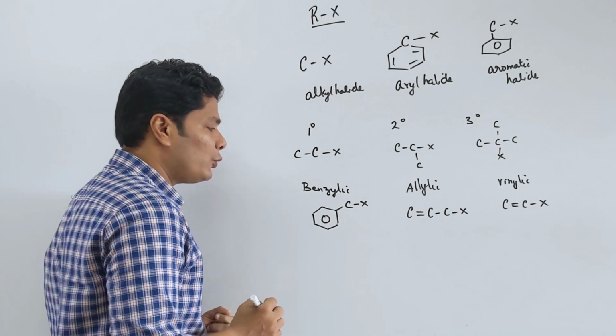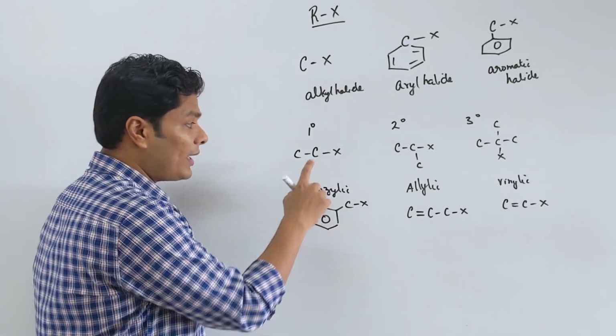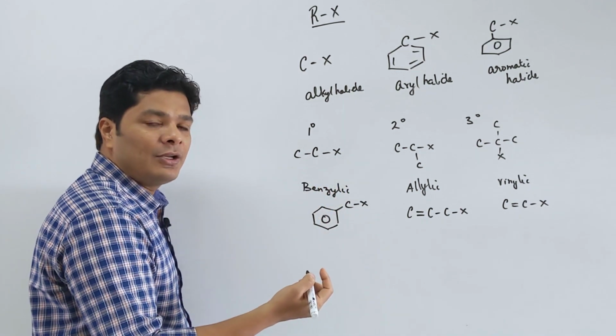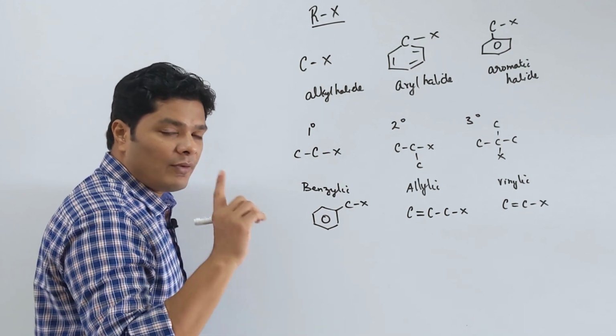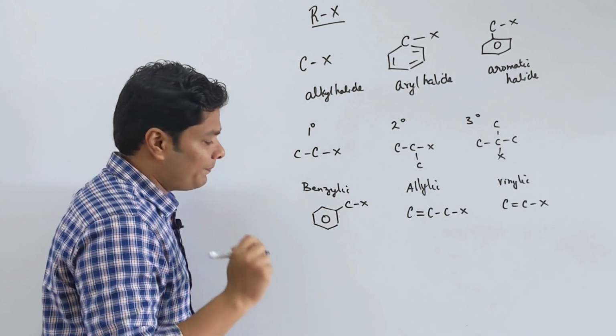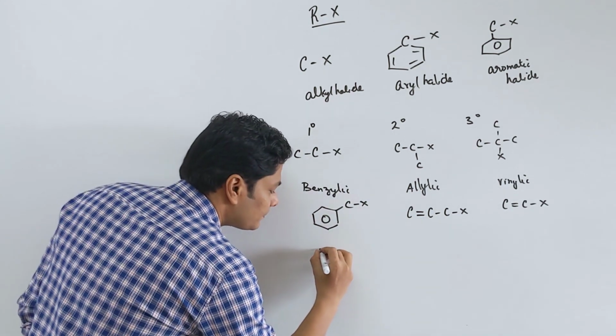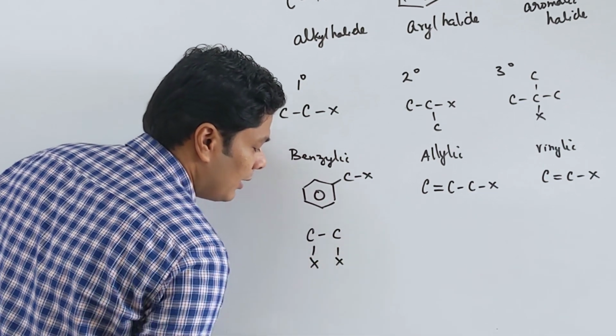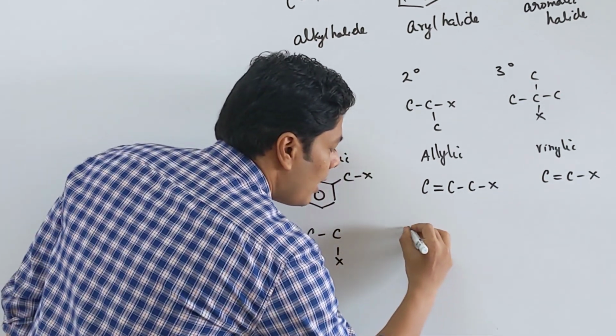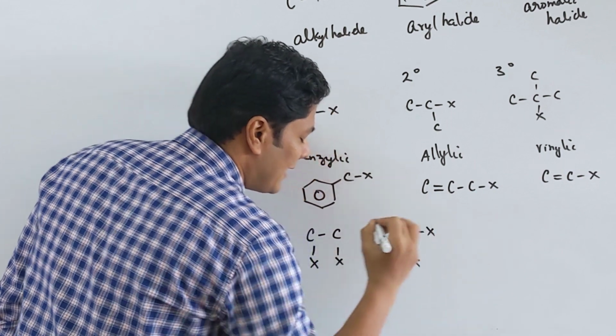The other one that you can do is, I can have not just one halide, I can have more than one halide. So you can call it monohalide, dihalide, trihalide, and so on and so forth. Now we are going to look specifically at dihalide. The dihalide can be attached to neighboring carbons or attached to the same carbon.